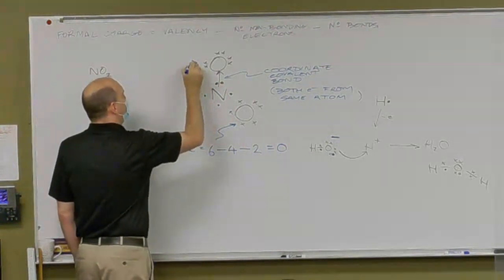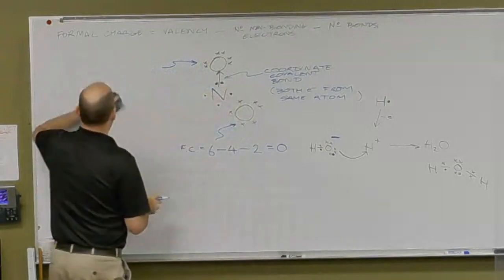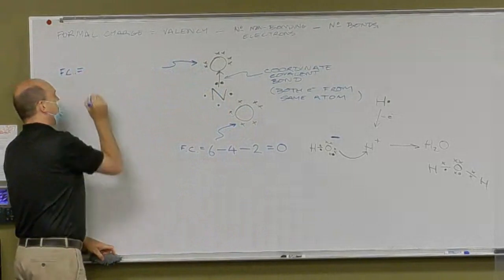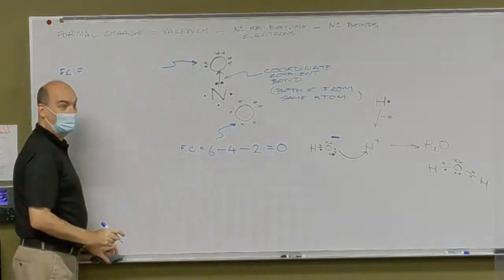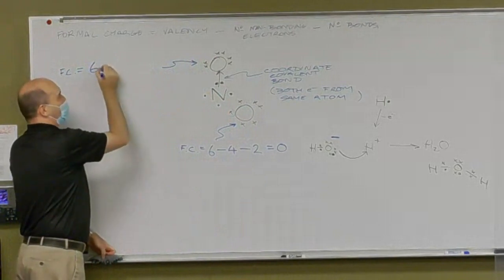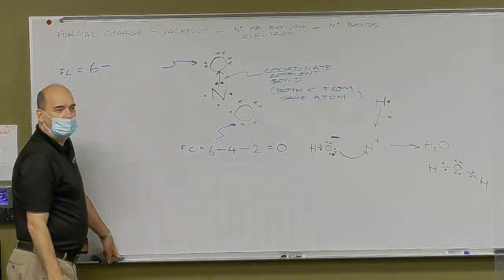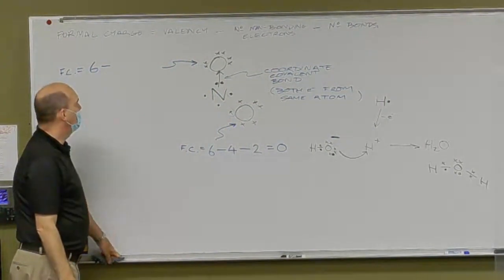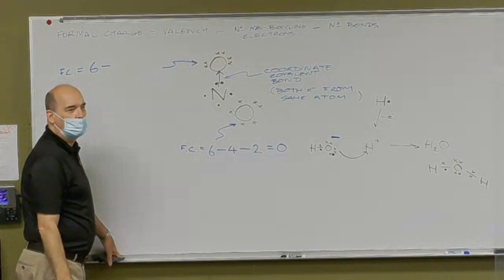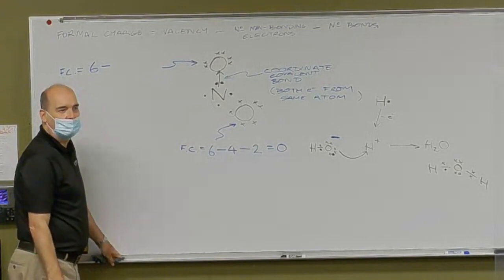Let's do this oxygen. What's that oxygen's valency? 6. Yeah, we better not be different than the other oxygen. How many electrons are not involved in holding the oxygen onto that nitrogen?